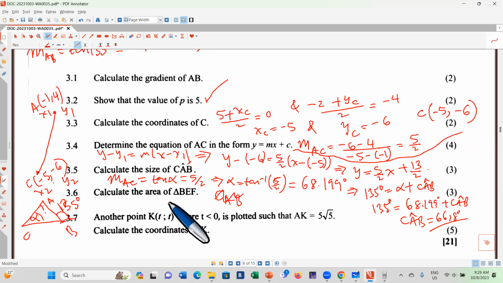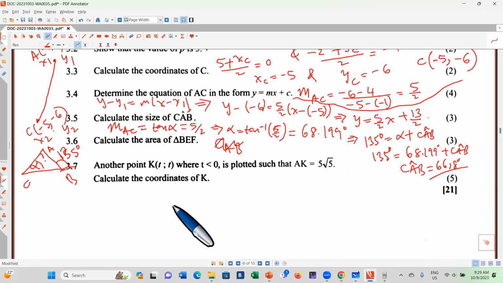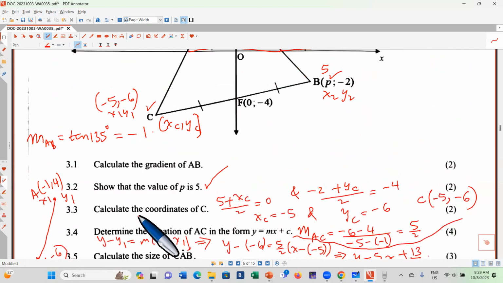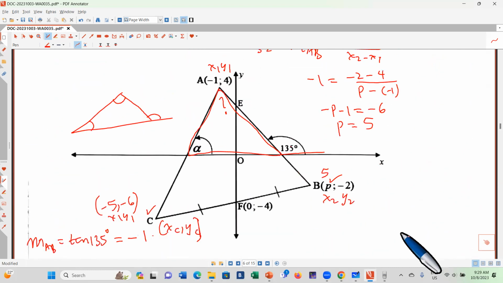To find the area of triangle BEF in 3.6, if you look at the diagram, here is the diagram, and you want to find the area of BEF.